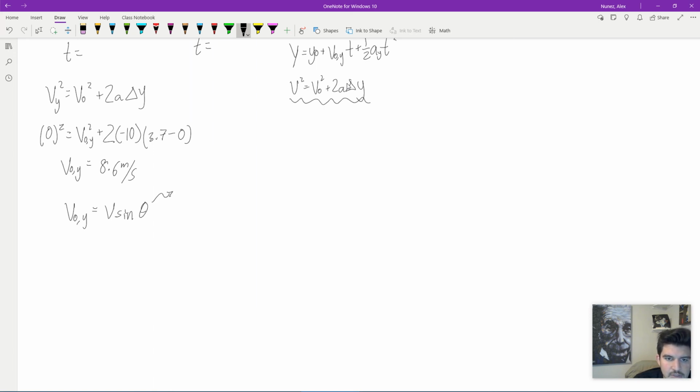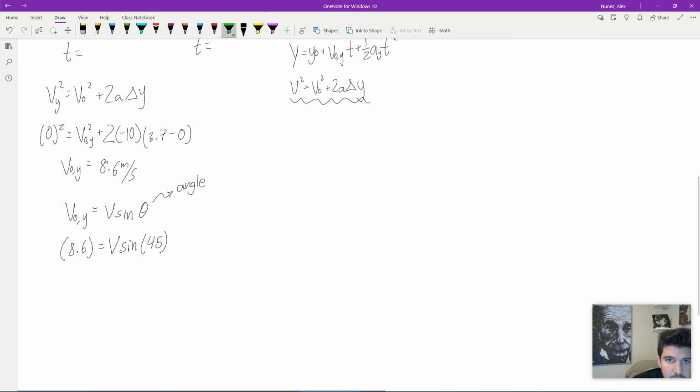Now, theta is just the angle that it's being launched at. Big V is that hypotenuse velocity, the actual velocity, and V0Y is the initial vertical velocity. So our initial vertical velocity is 8.6. Our big V is what we're solving for, and our angle is just 45.